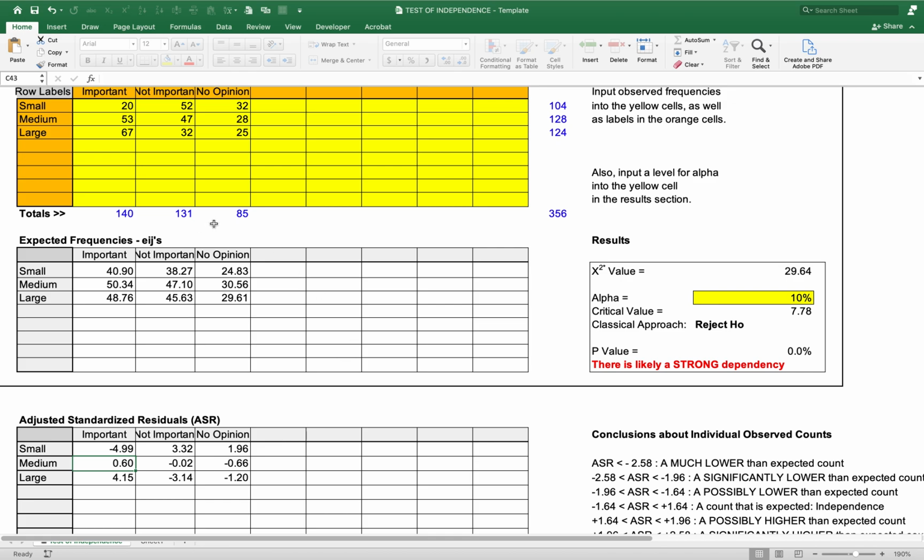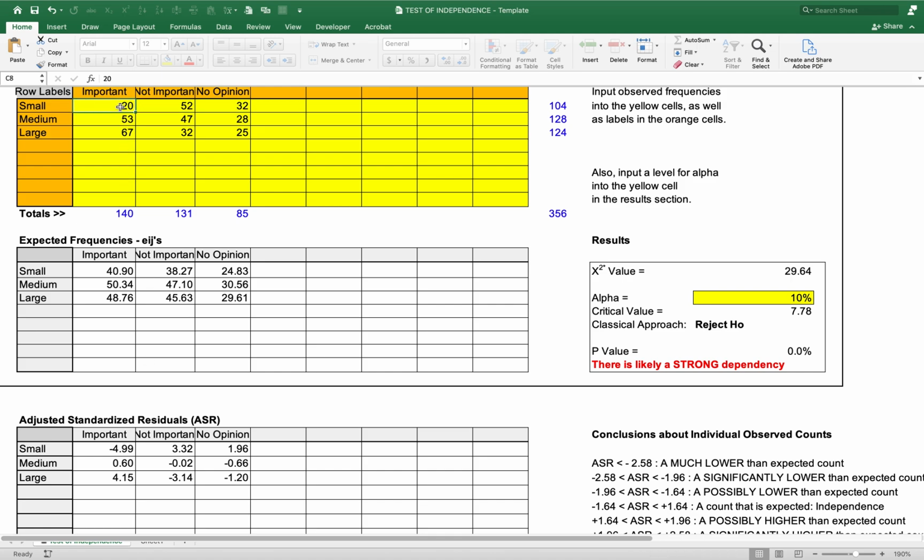So when we go up here, I think when we did this in class, what we found was that for the small, we said that these two were larger than we expected, and these two were larger than we expected here. But really, this is giving us a better picture here in terms of where the differences are.